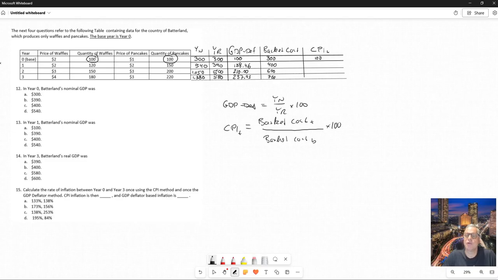Now 400 over 300 is 133.33. Then 600 over 300, that's 2, so 200. It doubled from 300 to 600. And 700 over 300 is 233.33.